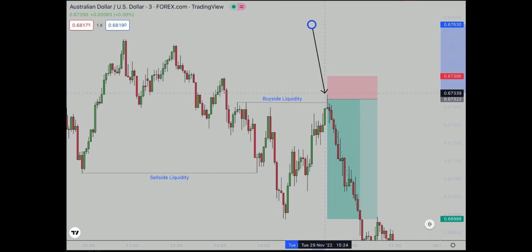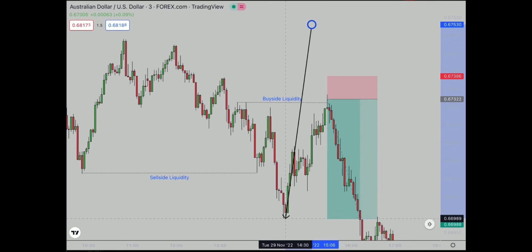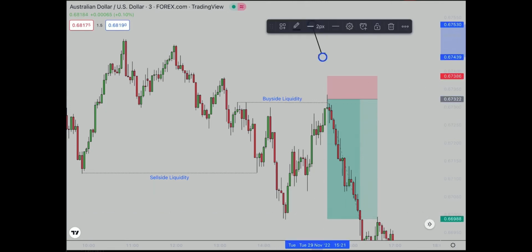Right here you can see that the entry is right above where the equal highs or lows are taken out. Okay, so that is your entry. Your stop loss would be right above the last high, and your take profit would be right above the last low.